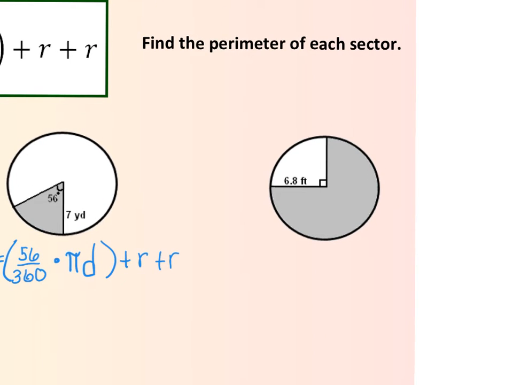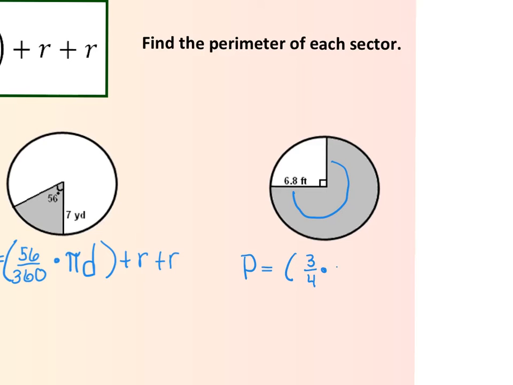So we have perimeter equals, they didn't tell us the degrees, but I can see if this is a right angle, this is 3/4 of a circle. So we can do 270 over 360, or if you can tell it's exactly 3/4, you can use 3/4 too. And if you divide out 270 by 360, you'll get 0.75, same as 3/4.